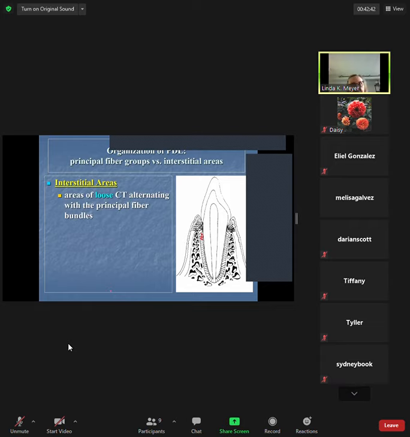They're areas of loose connective tissue, and notice they alternate with the principal fiber bundles. And these interstitial areas contain blood vessels and nerves. I drew a little blood vessel in 3 of those areas in cross section.